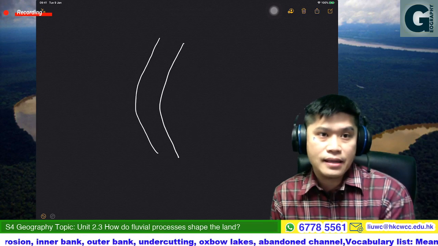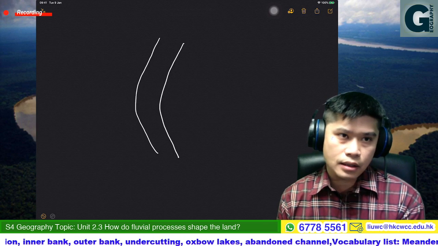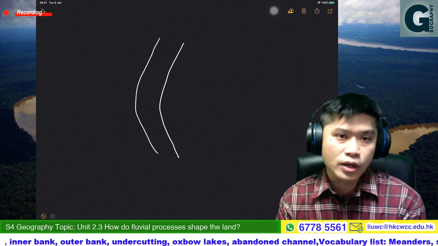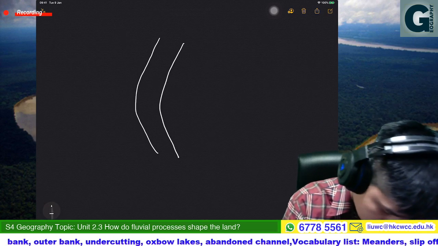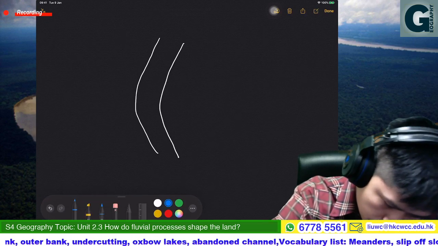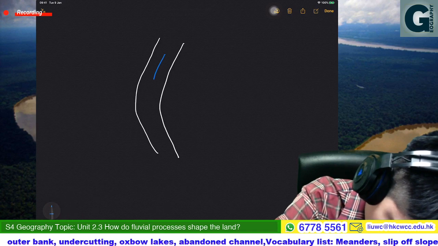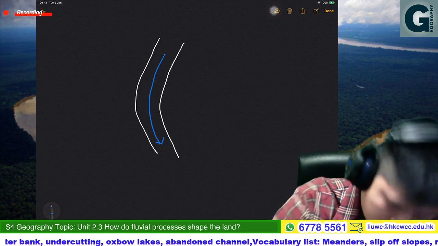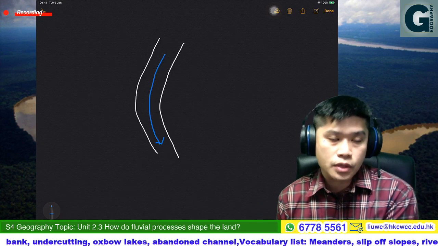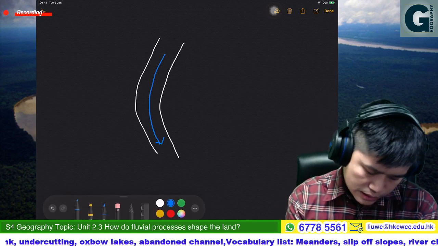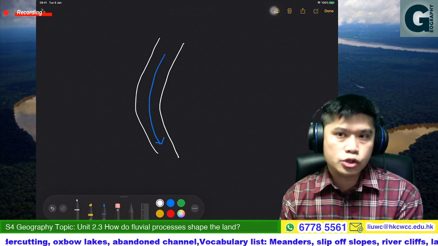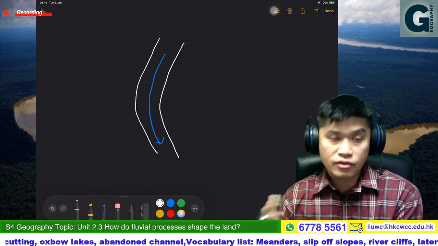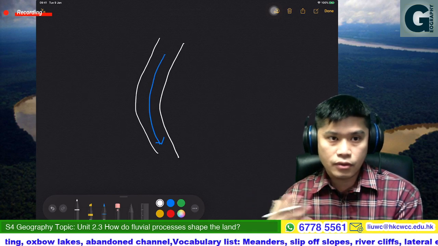Some bending, and of course that is an overview, and the water flows from the upper course, from upstream to downstream. First it is necessary for us to understand the characteristics of the river.